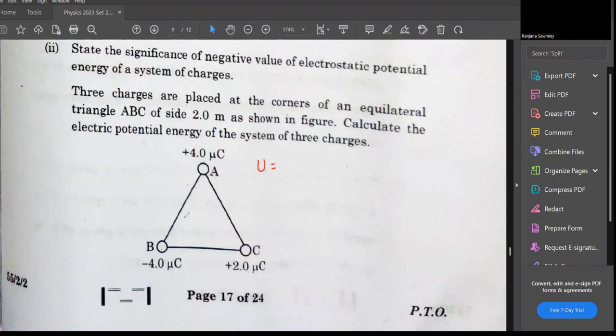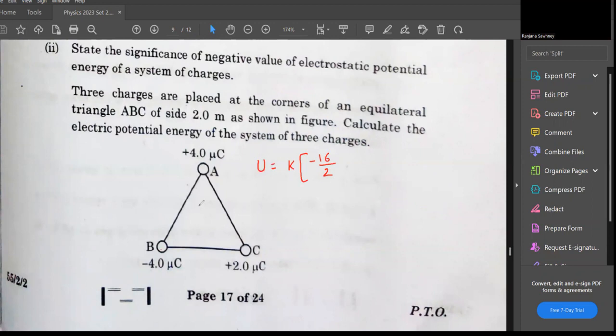Between these two charges, there will be some potential energy, k q1 into q2, 4 into minus 4, minus 16 upon the distance, which is 2 meters. As it's an equilateral triangle, each side is 2 meters. Now this is not minus 16, it is 4 microcoulomb into minus 4 microcoulomb.